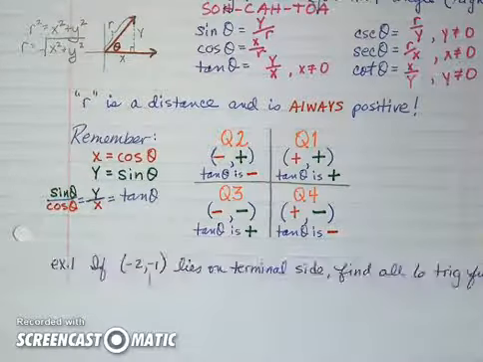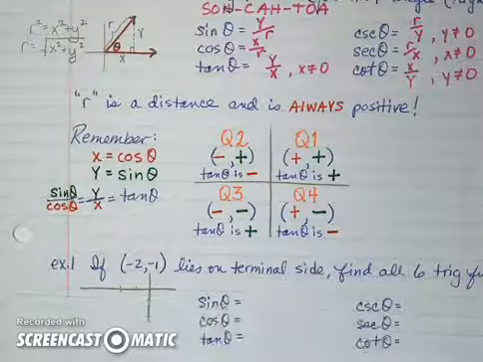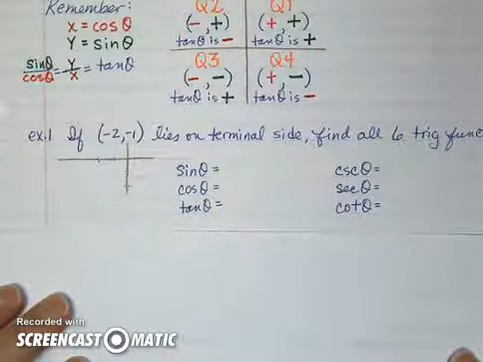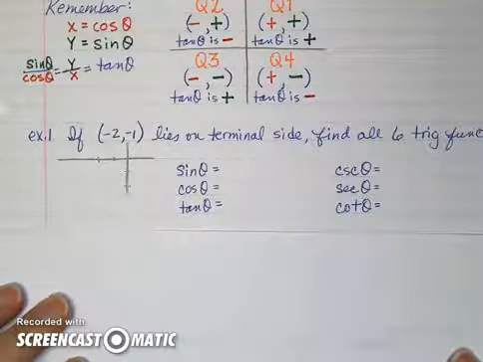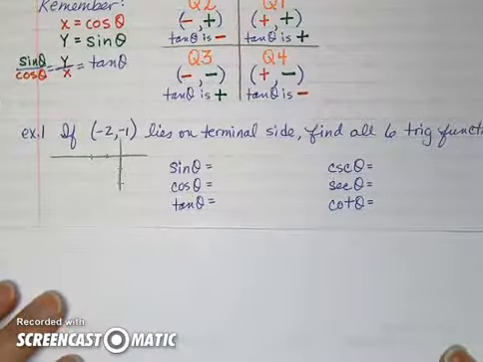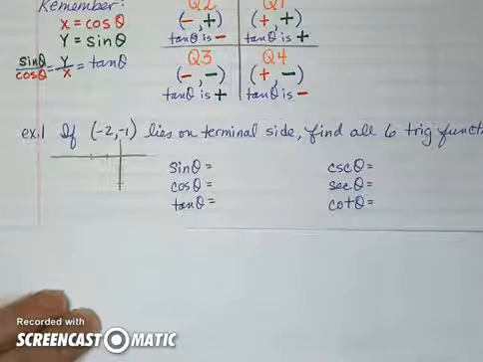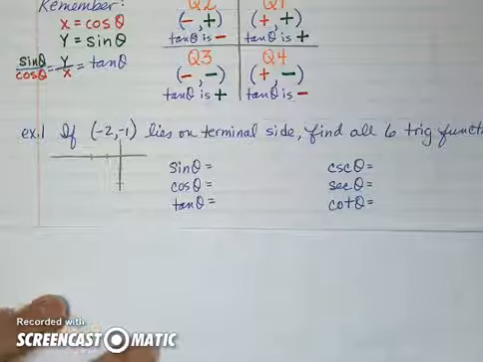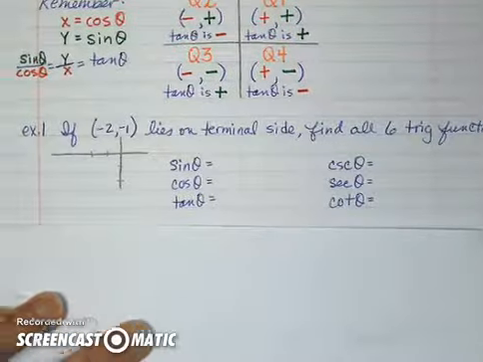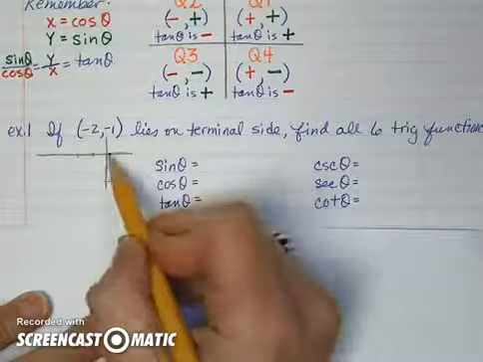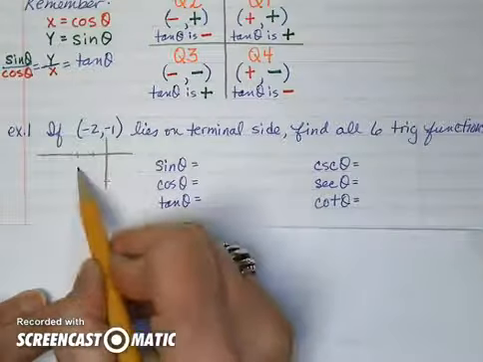Let's do an example. Example 1: if you have -2, -1, and that point is on the terminal side of an angle, find all the other 6 trig functions. So -2, -1 would be right about here.